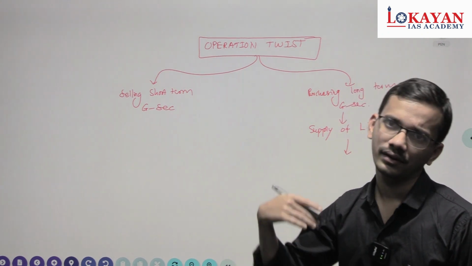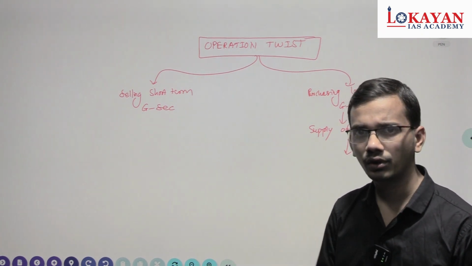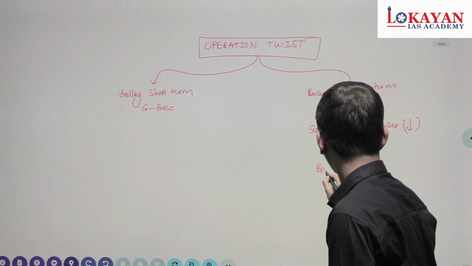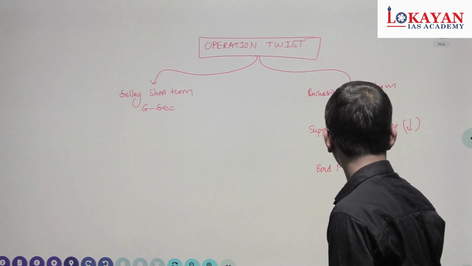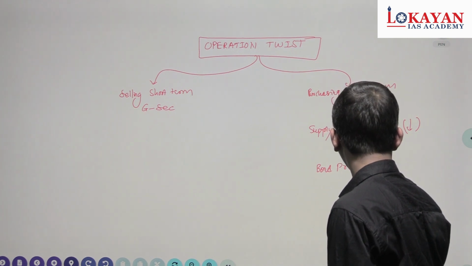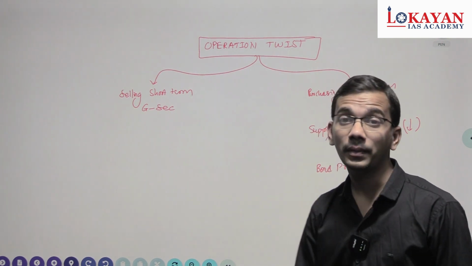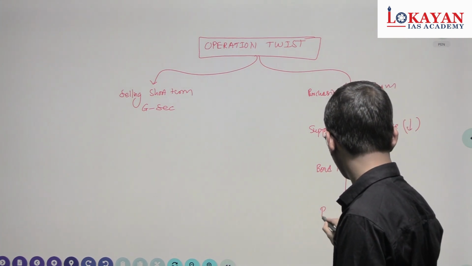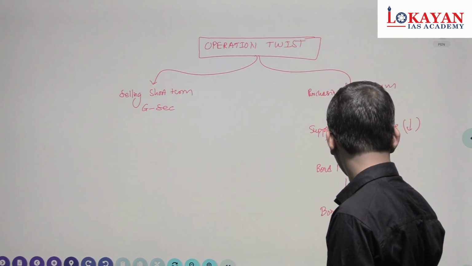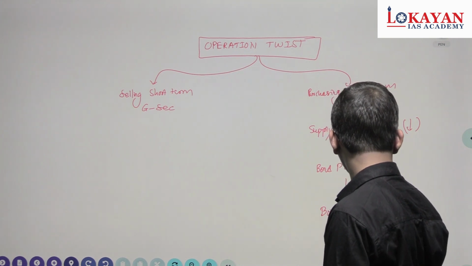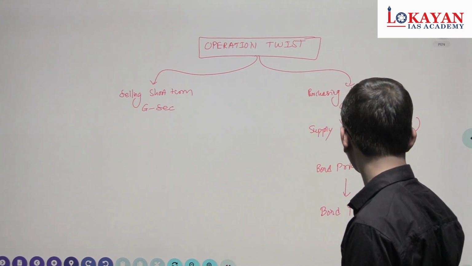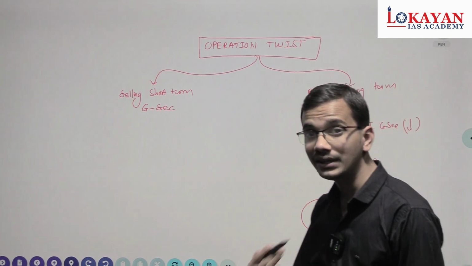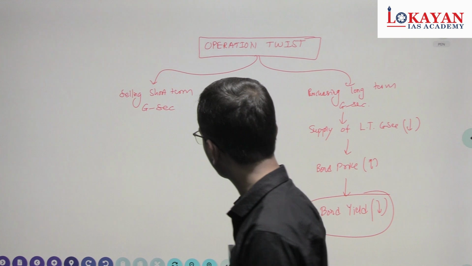Reduction in supply, increase in value, law of demand and supply. Bond price will increase. We have seen bond price is inversely proportional to bond yield. So bond yield will reduce. This is the main motive behind operation twist, to reduce the yields on long-term government securities.